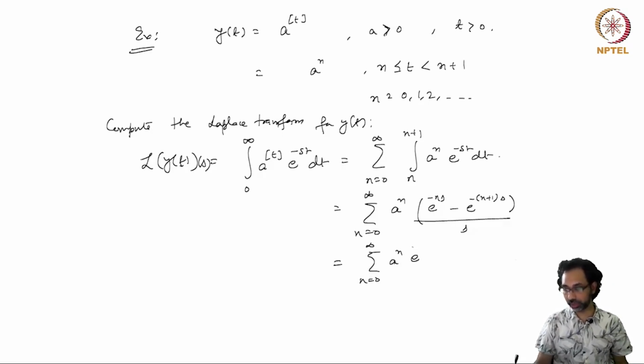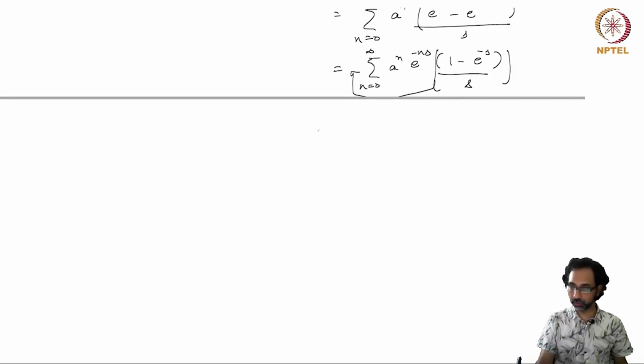If we take e to the power minus ns from both factors, you get 1 minus e to the power minus s over s, and now this factor is independent of n, so it can be taken out of the summation. So this is equal to 1 minus e to the power minus s over s, times the sum n equal to 0 to infinity of a e to the power minus s raised to the power n.